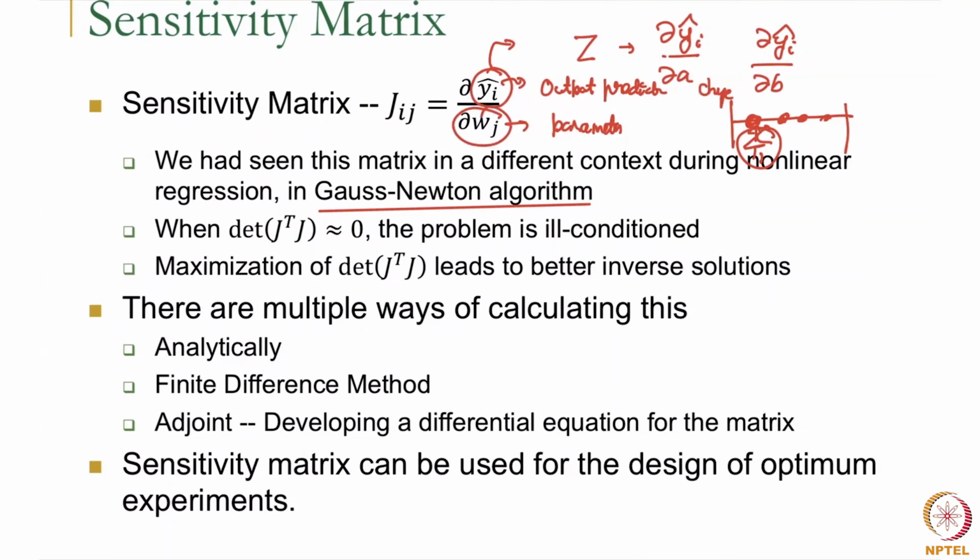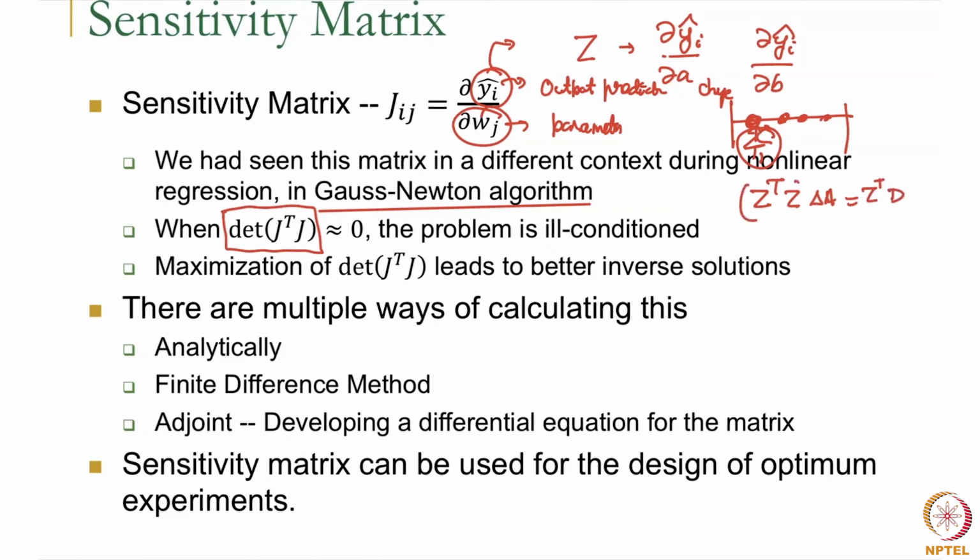And typically this can be answered using this simple question: find out this matrix del y hat del wj. We had seen this, of course, during our Gauss-Newton algorithm. Now, the way to determine whether the problem is well-posed or ill-posed is to determine this matrix J transpose J. You might remember we had these terms Z transpose Z, and we had Z transpose Z delta A equal to Z transpose D.